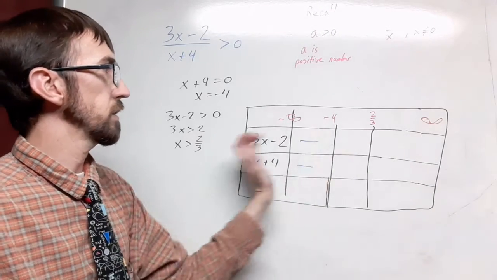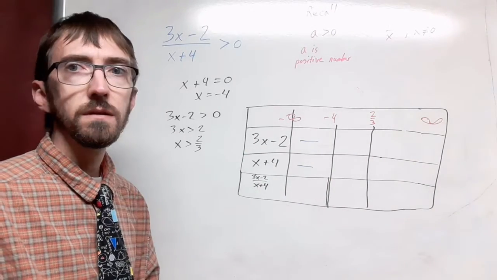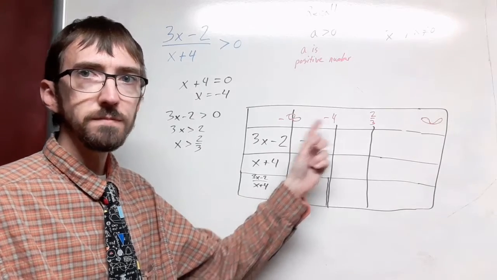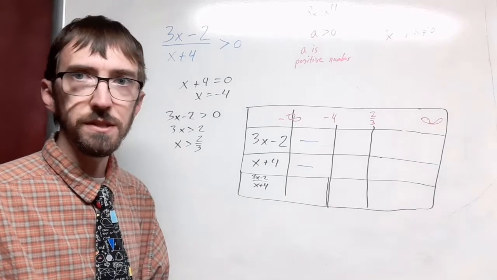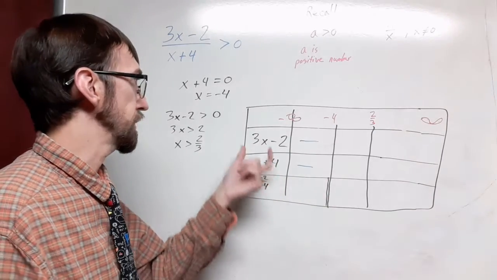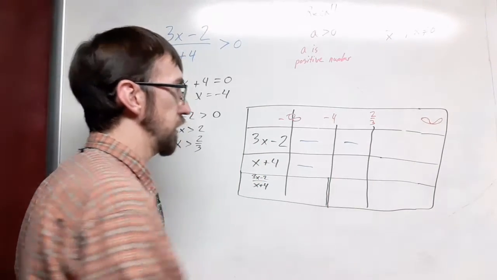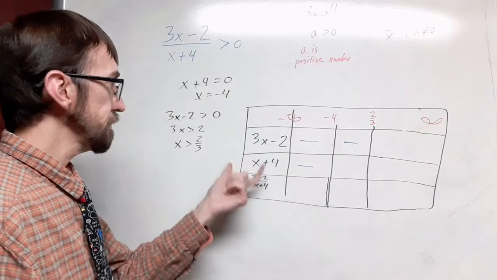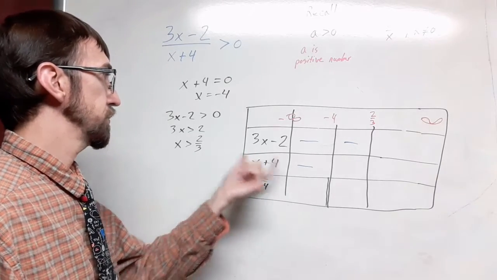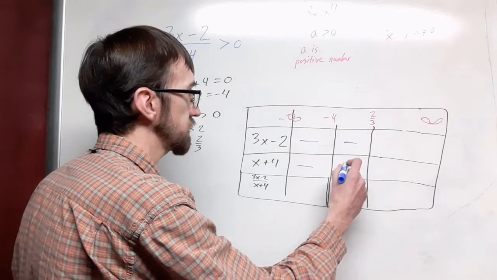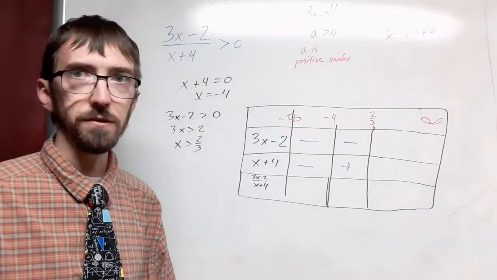And we're going to do that across the top here. Between negative 4 and 2/3 is 0. 0 is a good number to plug in. If I do 3 times 0 gets 0, I'm left with negative 2, so I have a negative again. If I put in 0 here, 0 plus 4 is 4, that's positive, so I have a positive here.